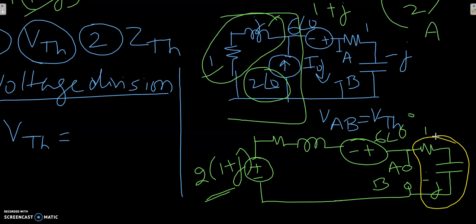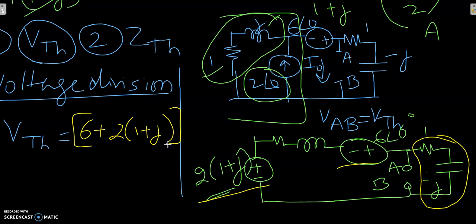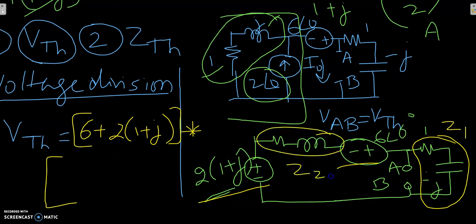The total voltage, this plus this, would be 6 plus 2 into 1 plus j. This is the total voltage, and this times, let me call this one Z1 and this one Z2, then the voltage across A and B would be Z1 divided by Z1 plus Z2.